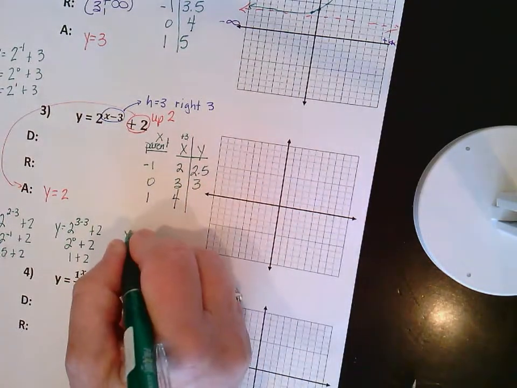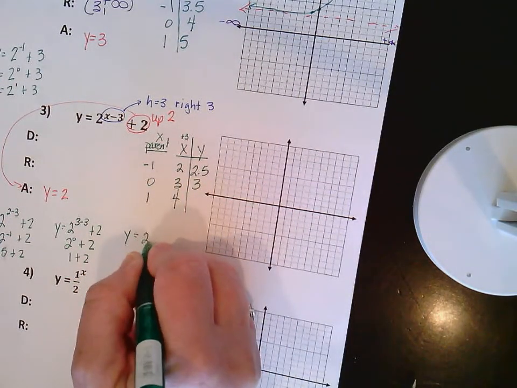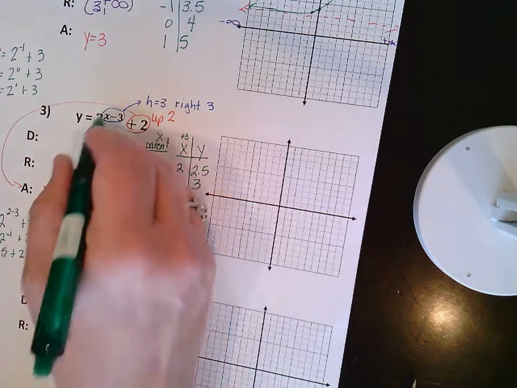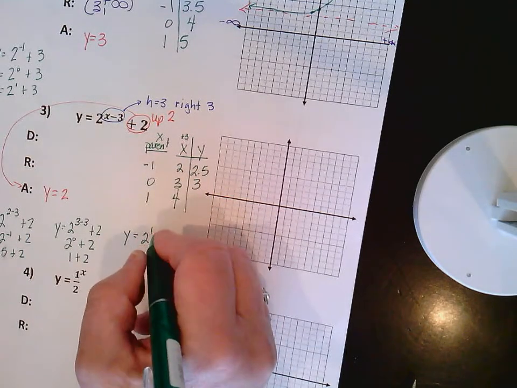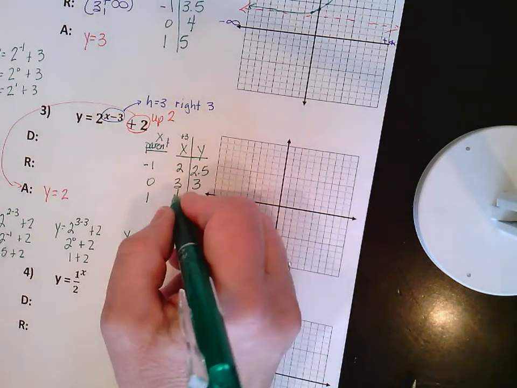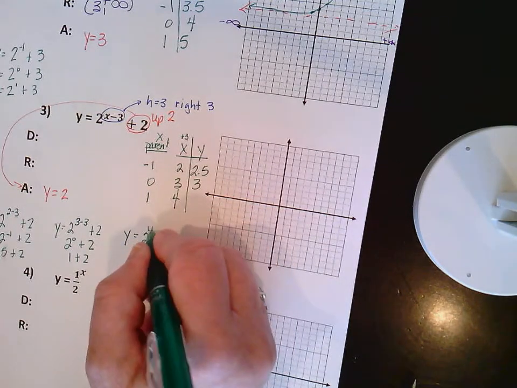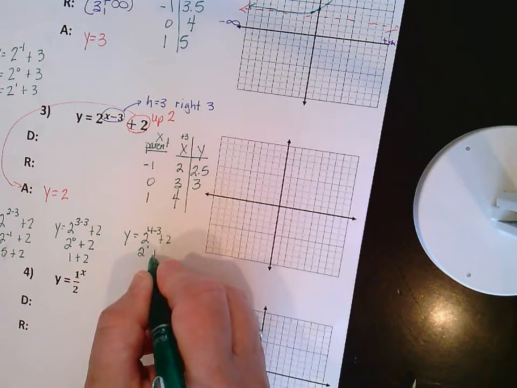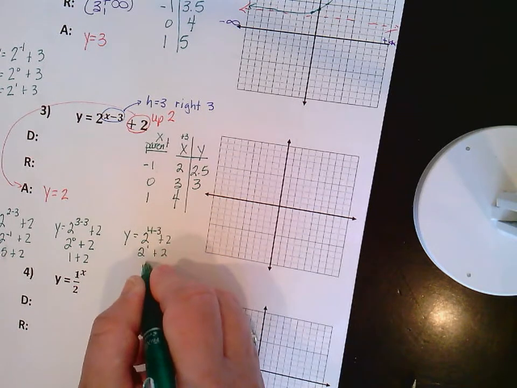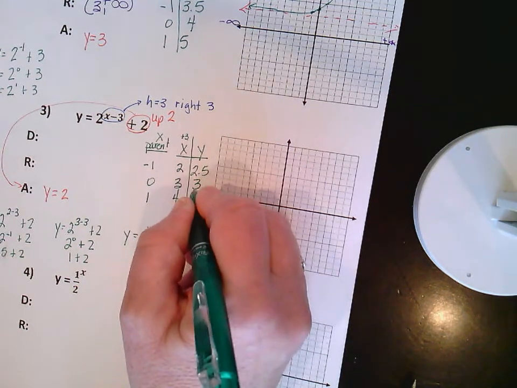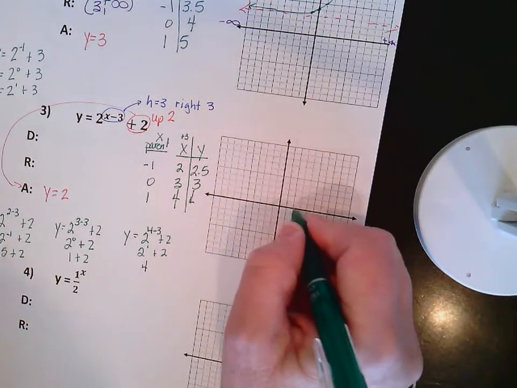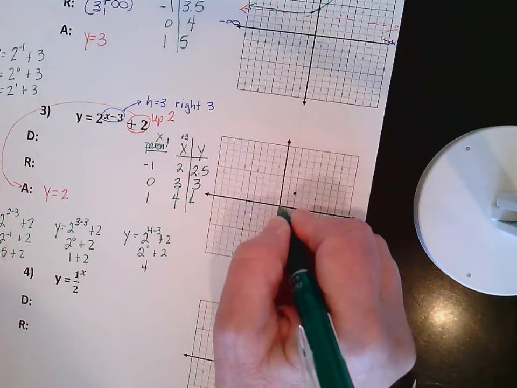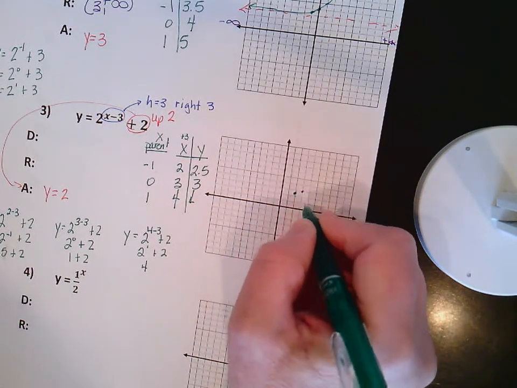And then for the last one, I'm plugging in 4, sorry, 4 for my x. That gives me 2 to the first plus 2, and 2 and 2 is 4. So I've got over 2 and up 2.5, over 3 and up 3, and over 4 and up 4.